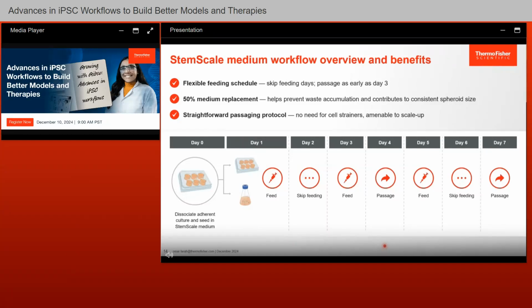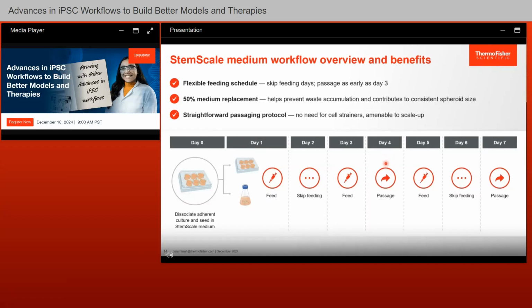Now, I did mention that when the spheroids continue to grow for about 3 to 4 days, they will reach a diameter of around 400 microns at around day 3 to day 4. And that's a time where we generally recommend passaging these cultures via enzymatic digestion with the Accutase again.